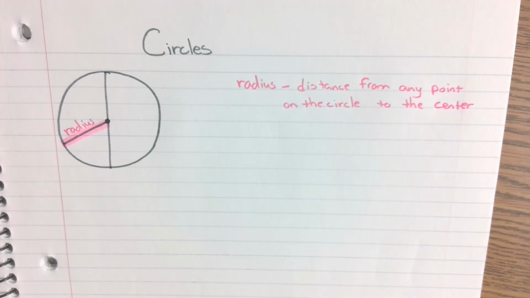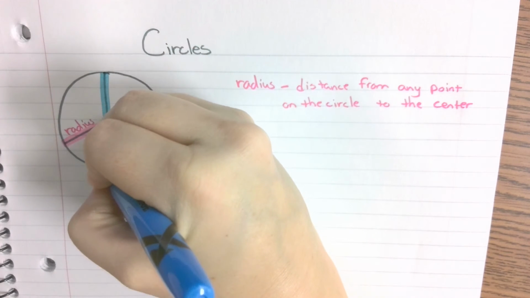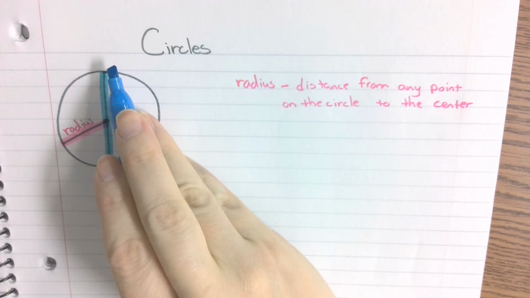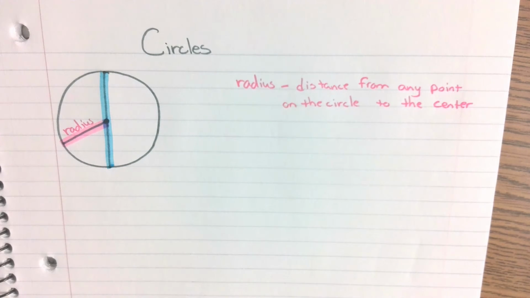Any point on the circle to the center, that's called the radius. Then you've got this measurement right here, this longer measurement, that spans from any point on the circle straight to the center and straight across to the opposite side until you hit the circle again. That is called the diameter.